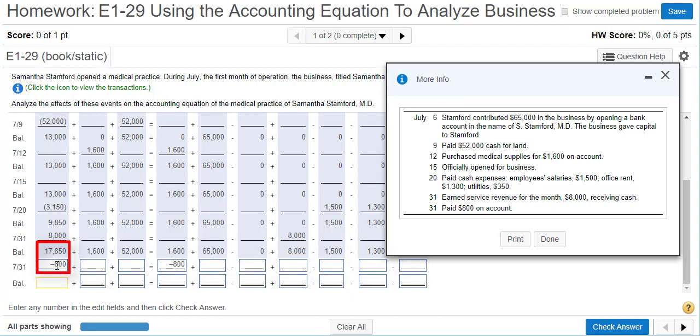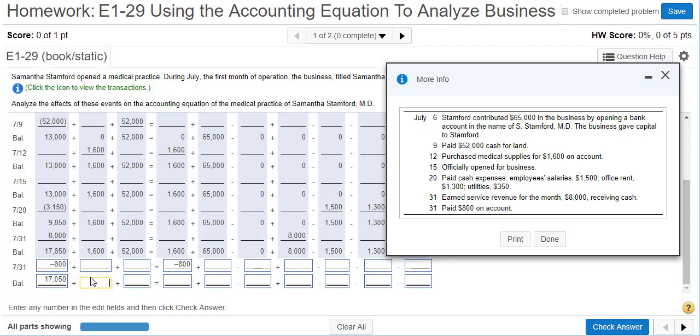And then we have to calculate our new balance. So 17,850 minus 800 gives us 17,050. I'll put the comma in there so it's easier to read. We've got $1,600 of medical supplies. We've got $52,000 of land. We've got $800 of accounts payable, and I got that by taking the 1,600 subtracting 800.